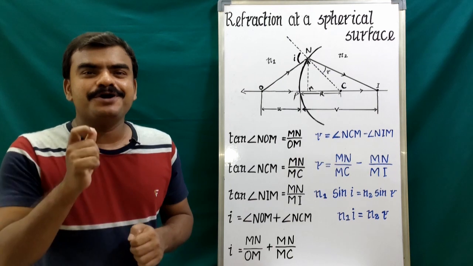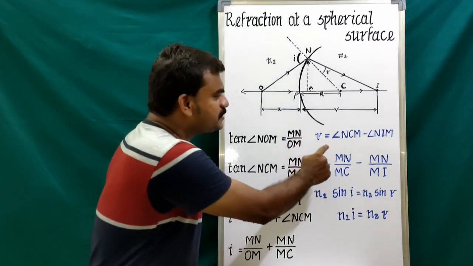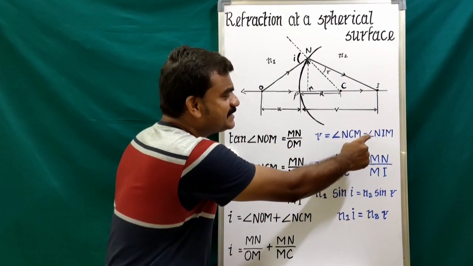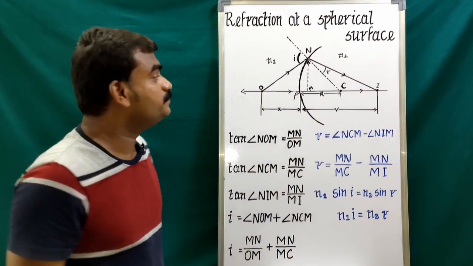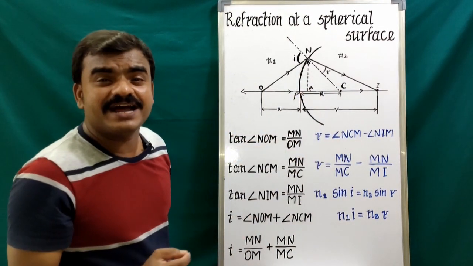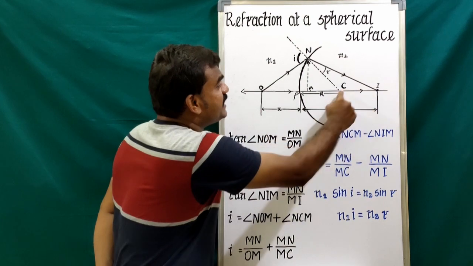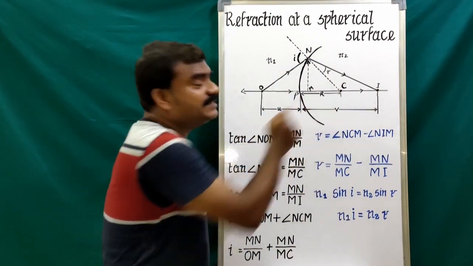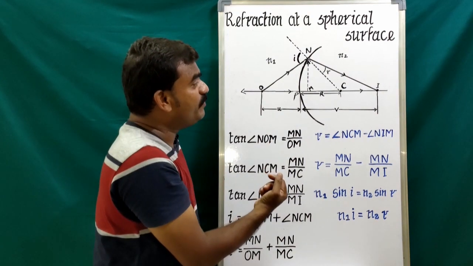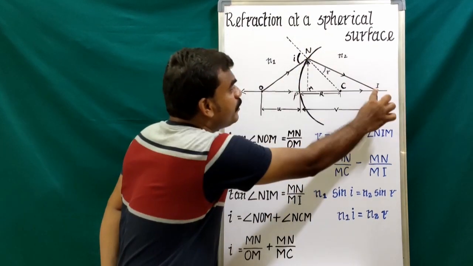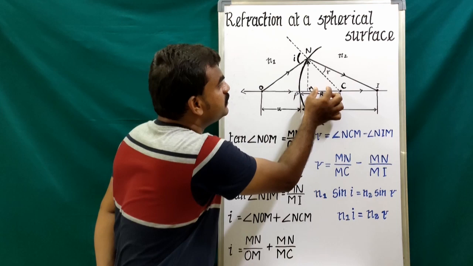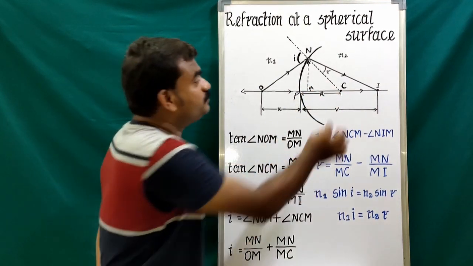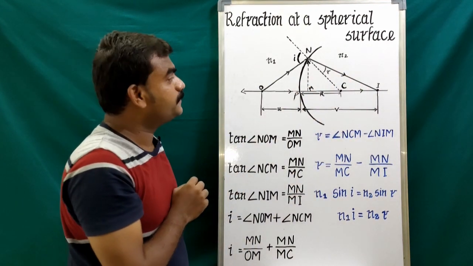We can find the r value also. r is equal to NCM minus NIM. How? r, the angle of refraction, is inside this triangle NIC. How can we get this angle? If we subtract this part from the whole, we will get this part.